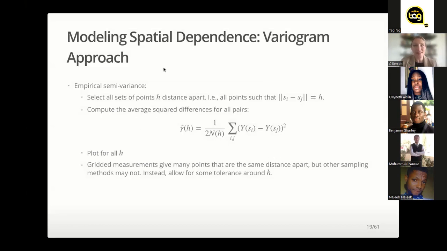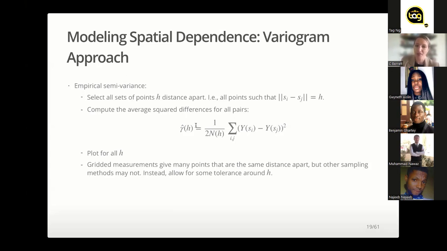Okay, so one thing that I like to do is to visualize this spatial dependence. And a common way to visualize this spatial dependence is to use the variogram. So the idea is to take all sets of points that are a distance h apart, and then we're going to take the average of their squared deviations, and then we'll divide it by 2.